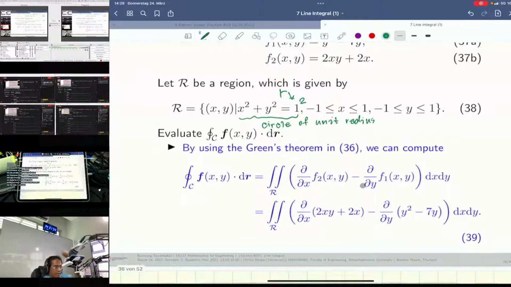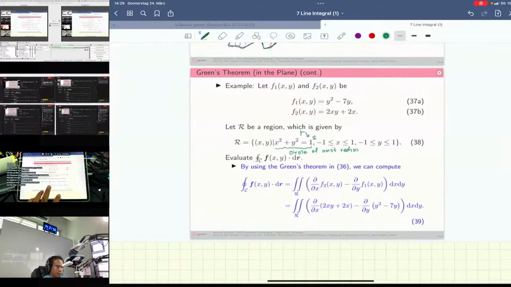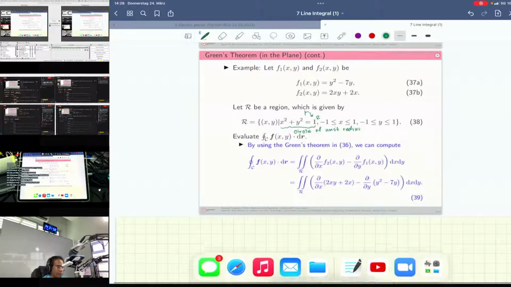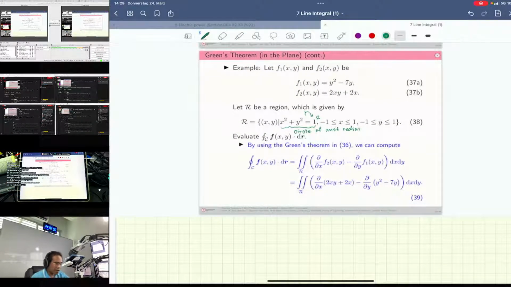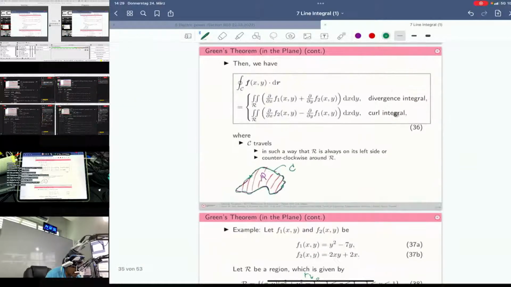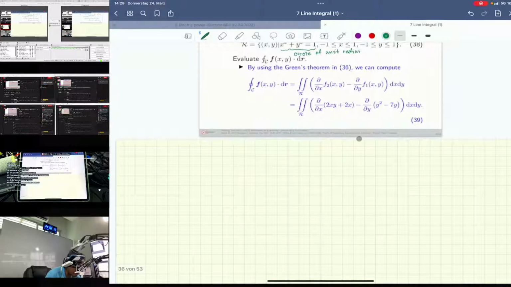Let's open a new page to solve this problem. Let's use the curl integral. Anybody may use the divergence integral. You will end up with the same result.